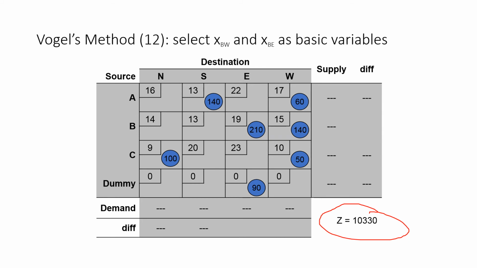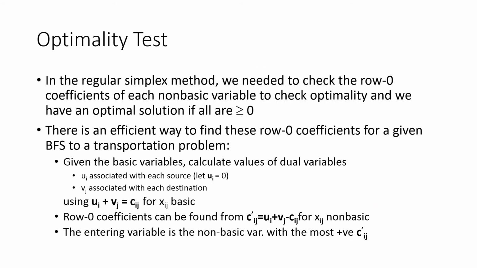Now, we can use any one of those three methods to find the initial solution to the transportation problem. But once we have an initial solution, we have to subject it to this optimality test. That means, is the current solution optimal? If it's optimal, then I stop, I'm done.